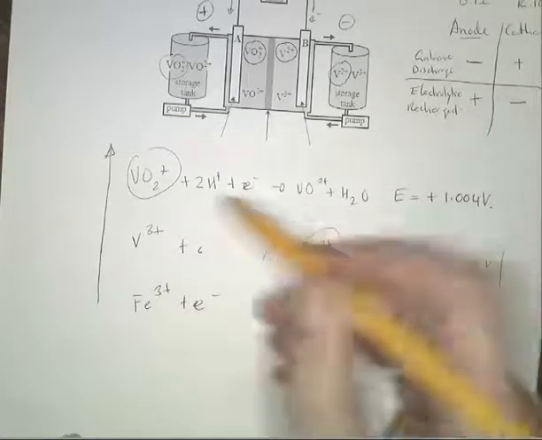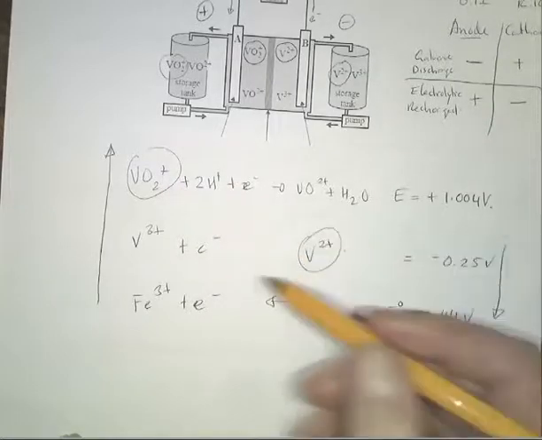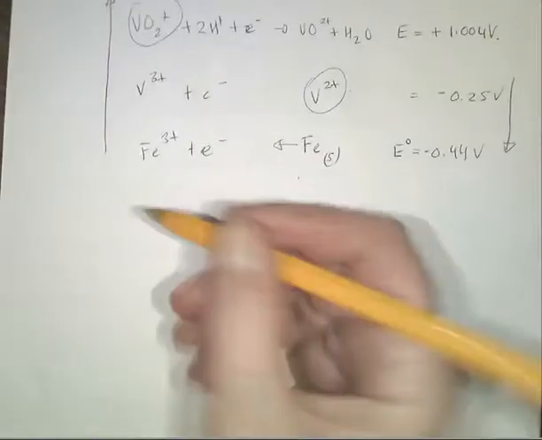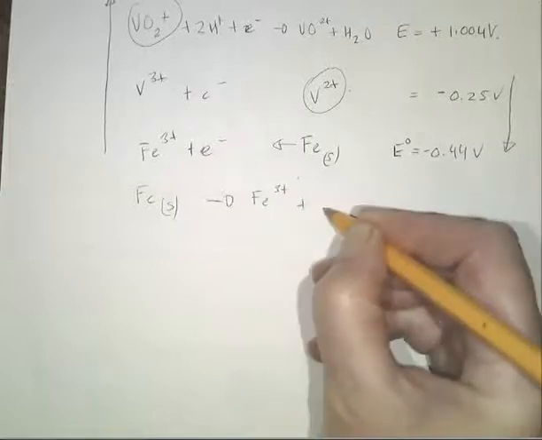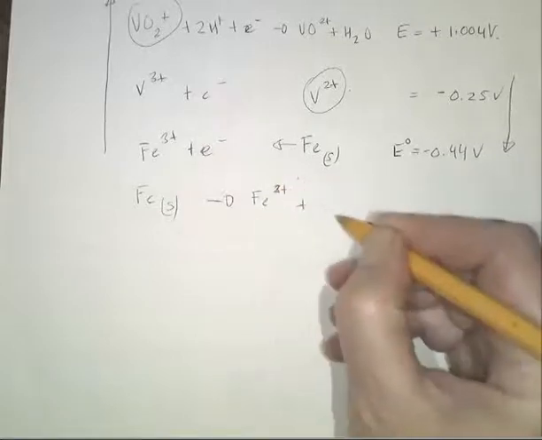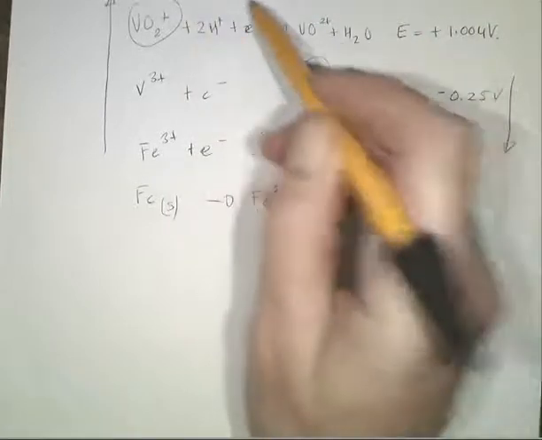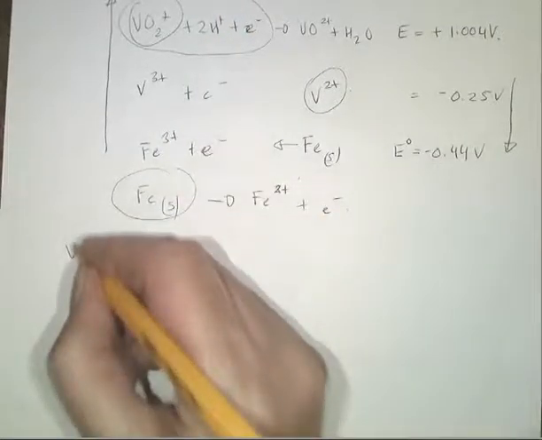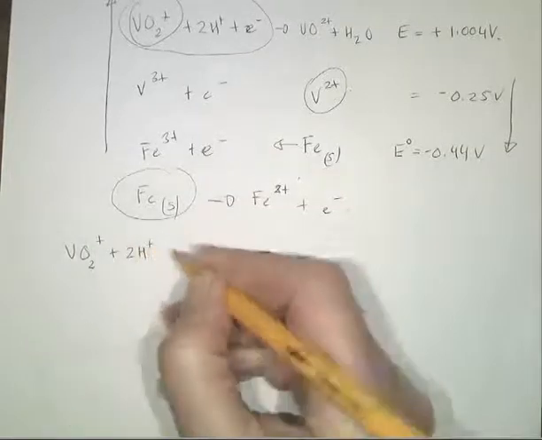So the question asks you to write out an overall equation to show why iron would be unsuitable. So you would put these two together. If we write it around the right way, iron solid, Fe 2 plus, plus 2 electrons. So we're putting this and this together. So VO2 plus, 2 H plus.